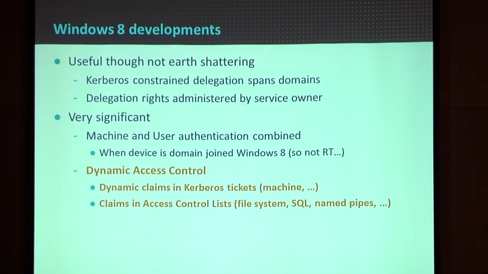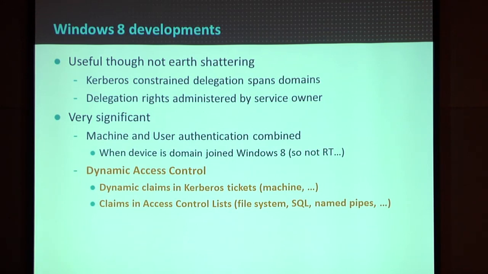The other thing they've done in Windows 8 is they've added something they call dynamic access control. They've basically made Kerberos even more claims-like. Kerberos has fixed claims at the moment, your user and your groups. They've made it possible to stick in arbitrary other claims, and then to use those claims in ACLs. So whether in the file system or a database or something like that, you can now have dynamic claims, dynamic access control.